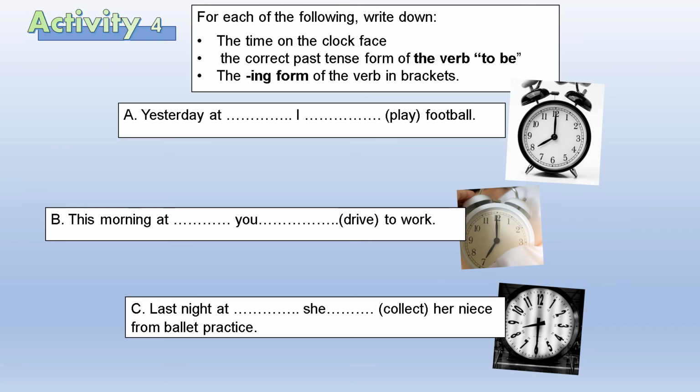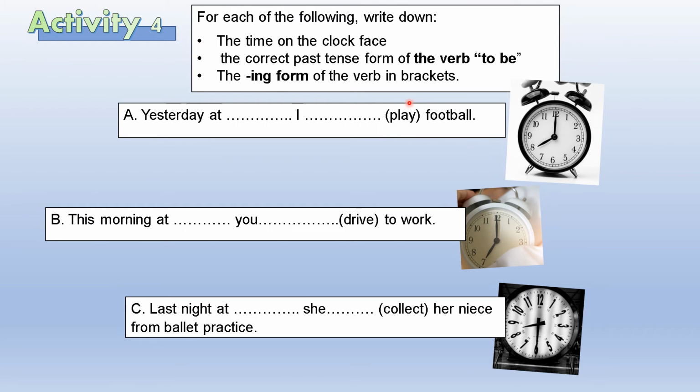Activity 4. For each of the following, add the time on the clock face. So it's 3 times here that you need to look at and give the correct past tense form of the verb to be, and the ing form of the verb.